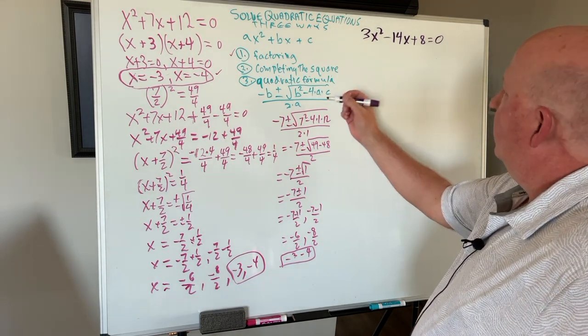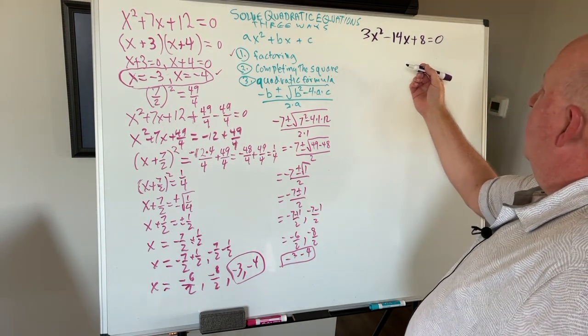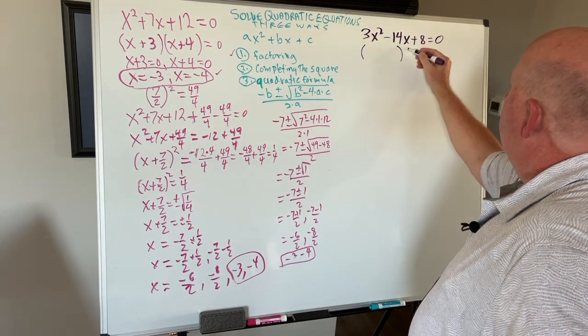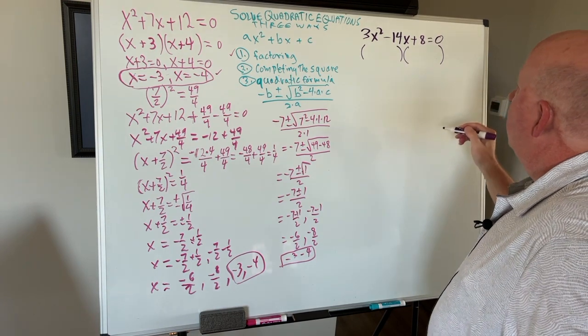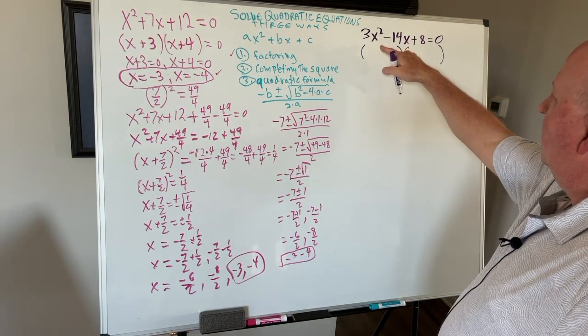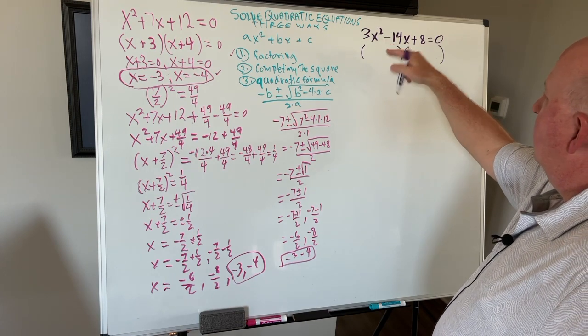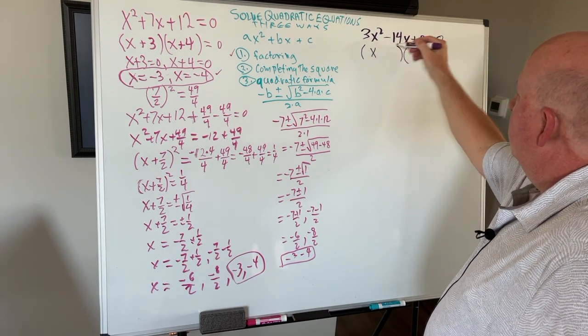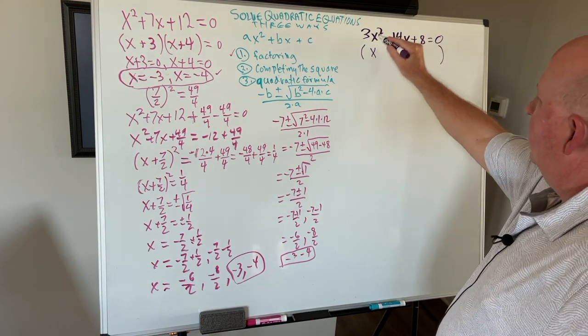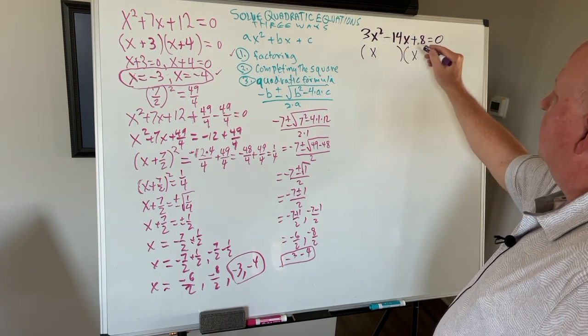Using factoring here, there's a little bit more guesswork, but we know that to get the first term it has to be 3, and it's got to be x for both, because x squared is the first one, so it's got to be 3 times something equals 3.